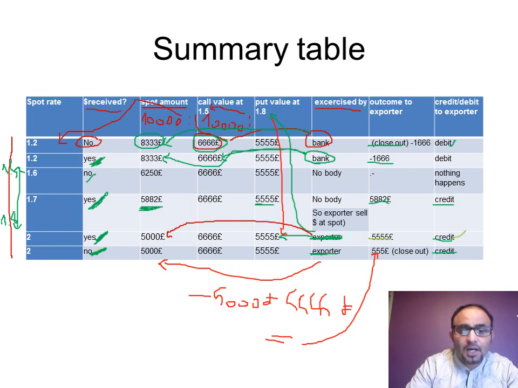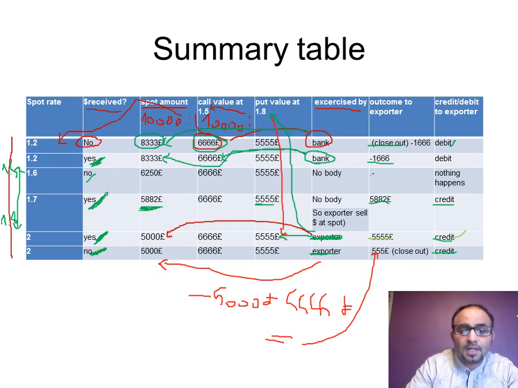But since our company has received its money, it will simply go and sell it in the spot market. So it cannot exercise it with its bank, it's not suitable, because it will only get 5,555. So it's rather go and do it in the market, okay? So exporter sells at spot. Of course, this is money that is being gotten by the exporter, and that's been added to his account.